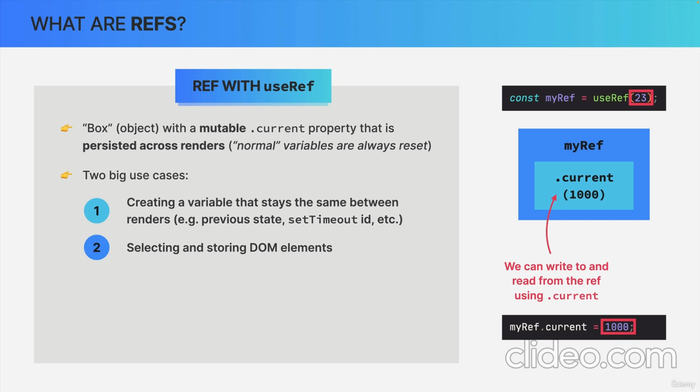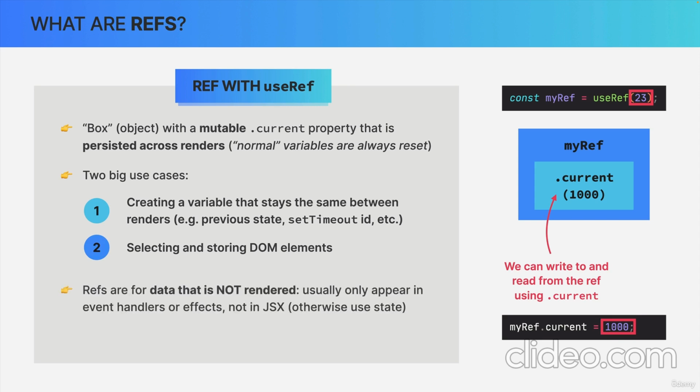Now, refs are usually for data that is not rendered in the visual output of the component. So usually refs only appear in event handlers or effects, but not in the JSX. Now, of course, we can use refs inside JSX too, but usually that's not the place for them.